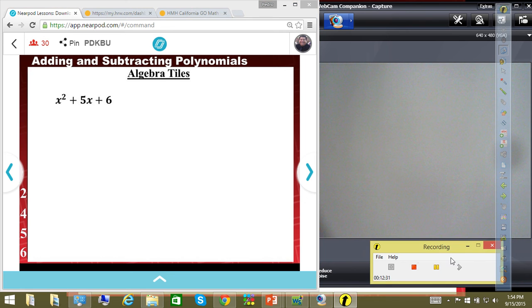All right, check with the neighbors, see if they have something similar to yours. Look over. So let's see. 1x squared should be a blue one, is that correct? And then from there, 5 green ones.